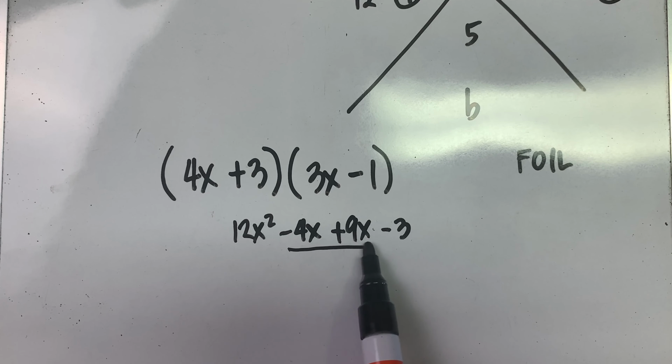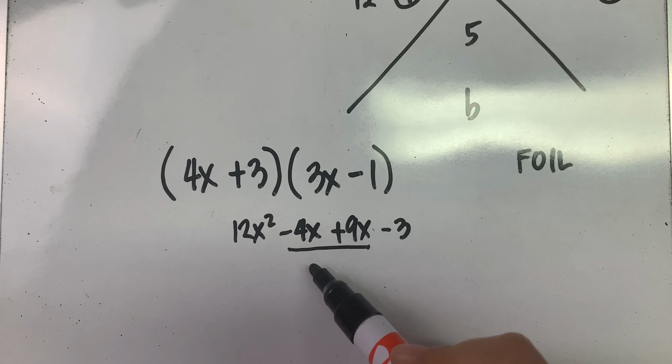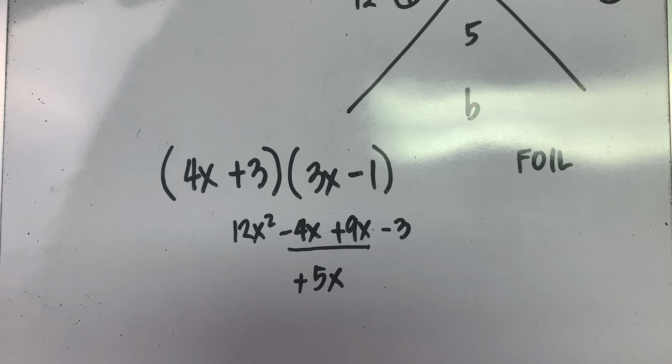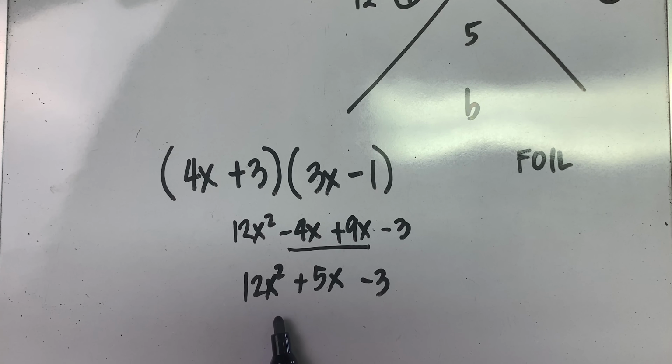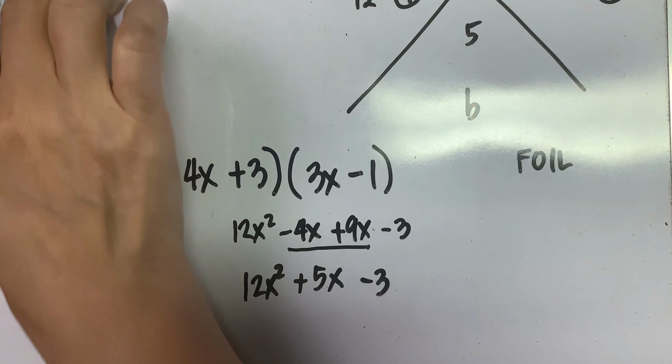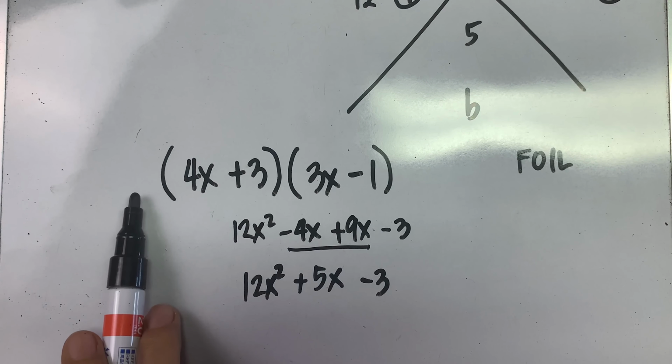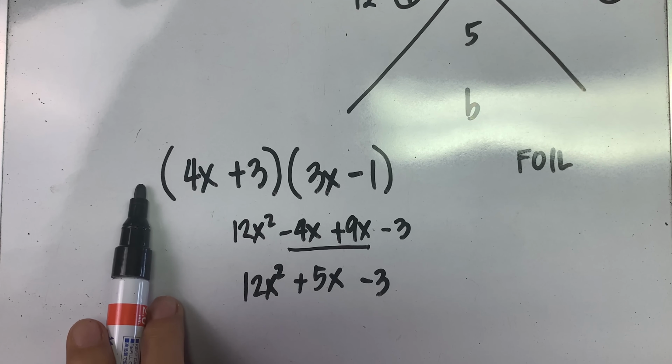Combine natin yung like terms. Negative 4x plus 9x is positive 5x. Positive. So we'll just copy 12x squared minus 3. So, which is the same dun sa given natin. So therefore, ito yung tamang factor.